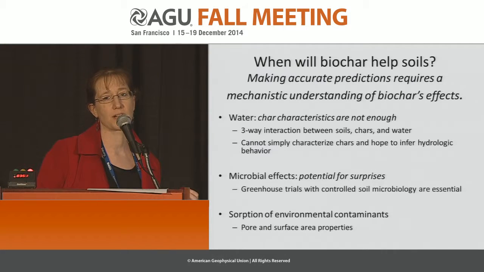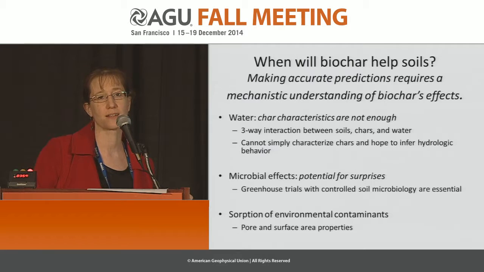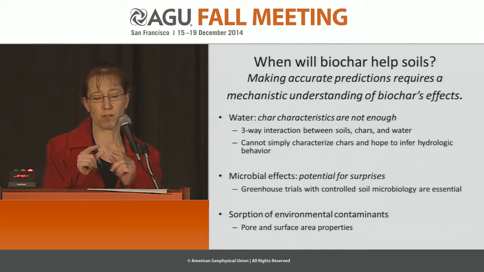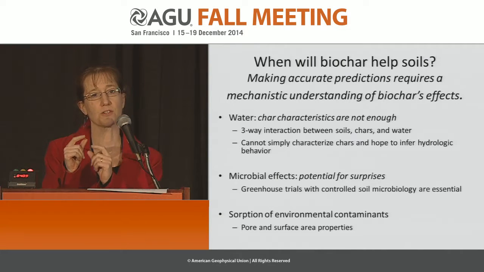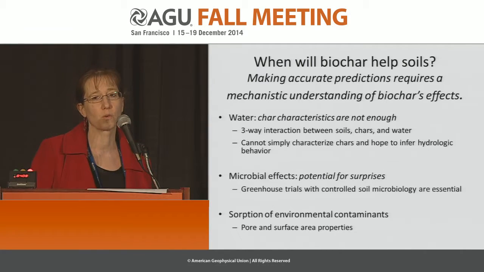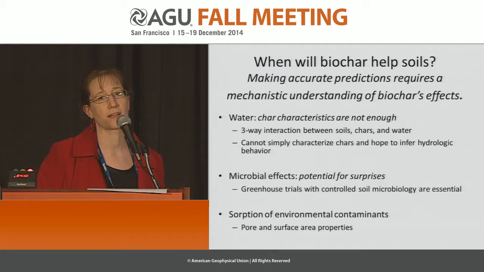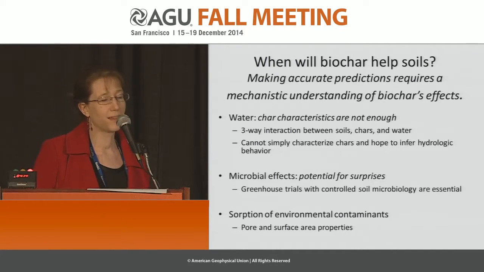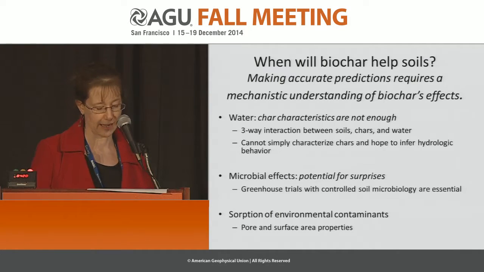It has to be characterized in the soil context that it's working in because the soil infills the pores between the biochar particles. So if you imagine biochar as needle-like structures, the space between those needle structures is filled with soils differentially depending on the kind of soil you're working with, and that has big effects on the hydrologic properties that are finally observed. The microbial systems, I think, are the places where we really have potential for surprises, and that's what I'm going to focus on today.